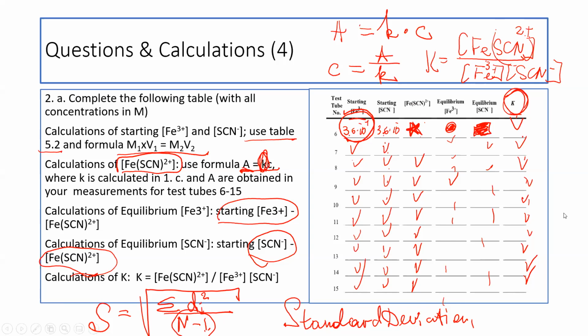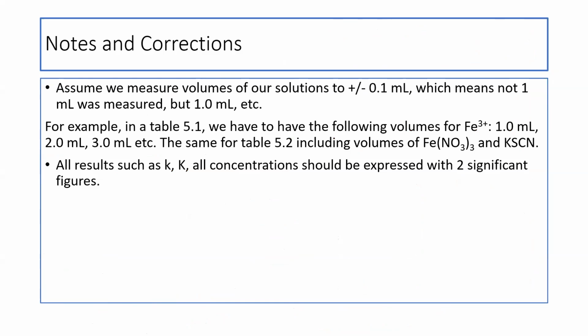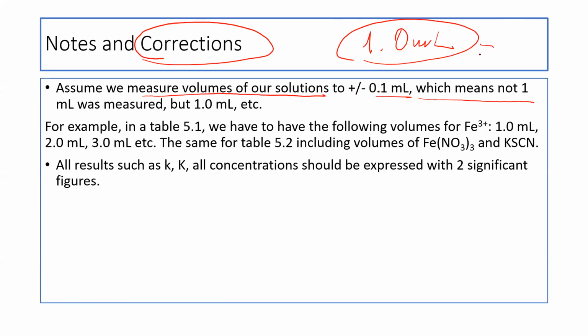And finally, this is our last slide, and it's a very important correction that I'd like to bring to this lab. We assume that we measure volumes of our solutions to plus or minus 0.1 milliliter, which means we have to write not 1 milliliter, but 1.0 milliliters, 2.0 milliliters, etc., every time.